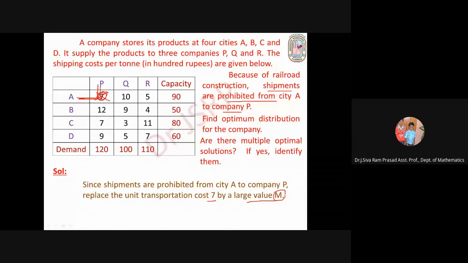So in finding the solution, you take the transportation cost for this cell as a large quantity capital M. So that is the way to handle the prohibited shipment in the transportation problem. Right. So the method is not mentioned here to find the initial basic feasible solution. So I use Vogel's approximation method, since Vogel's approximation method gives a better solution, which is near to the optimal solution.